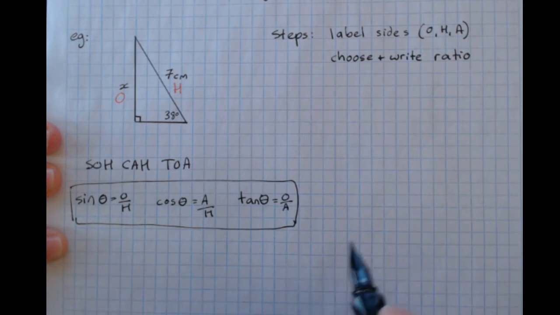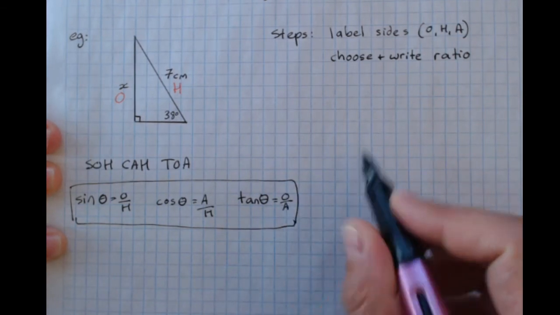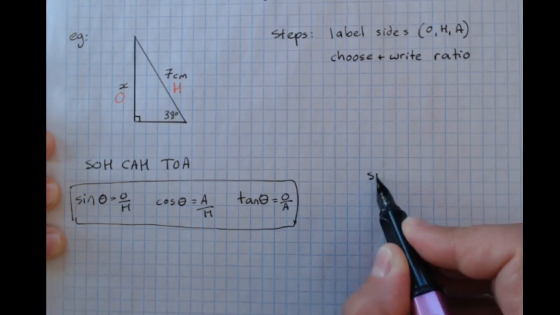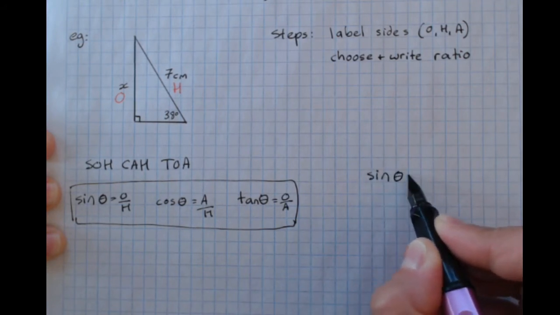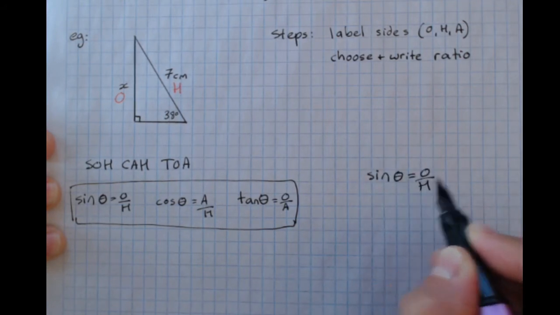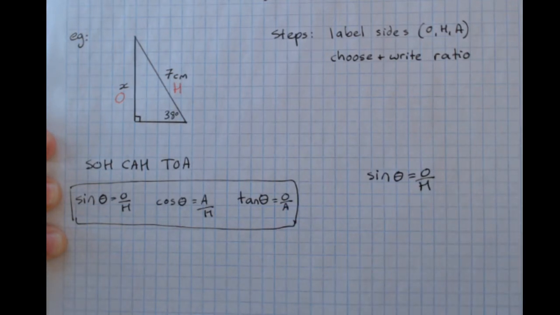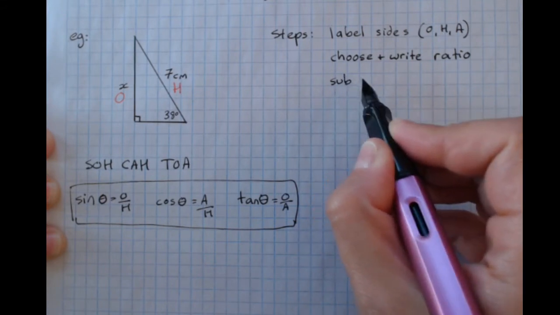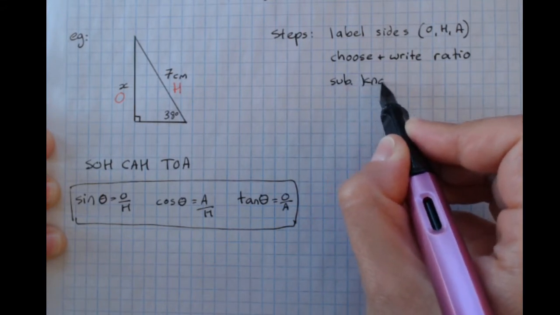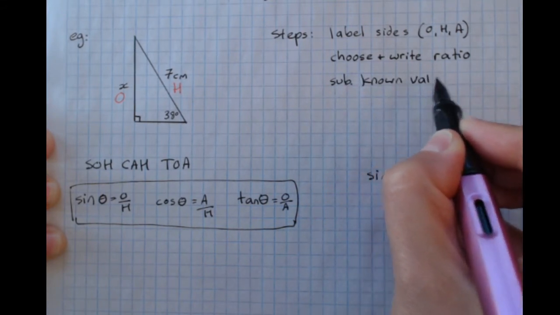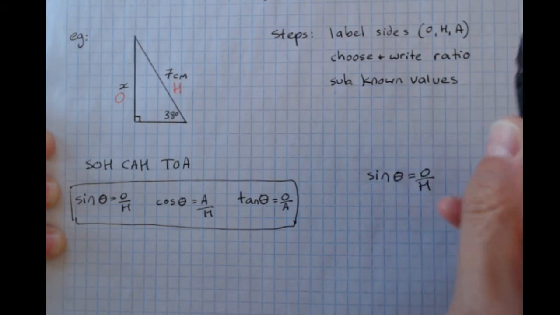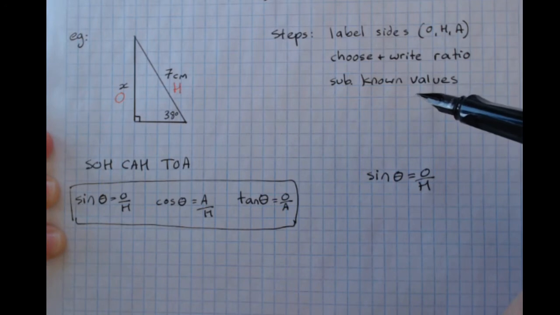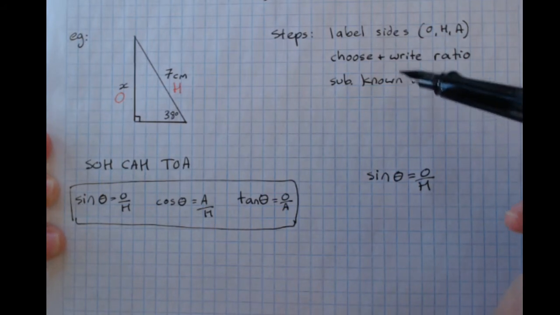So our solution, I'll start it over here, is we write the correct ratio. Sine of the angle is opposite over hypotenuse. Now our next step is to substitute in the known values, including the angle. These steps are actually going to be the same for all of our trigonometry problems.